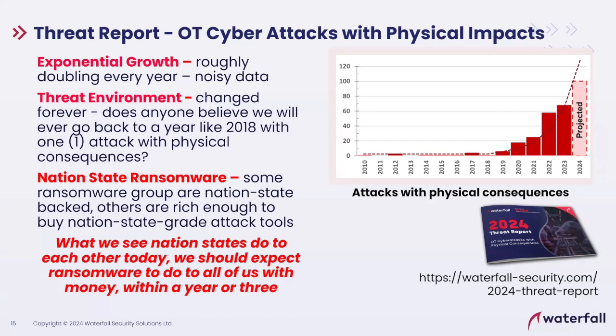We saw one this year where a fire was started. So deliberate cyber attacks with physical consequences in the industries we track, which is building automation, manufacturing, and heavy industry, critical industrial infrastructures.